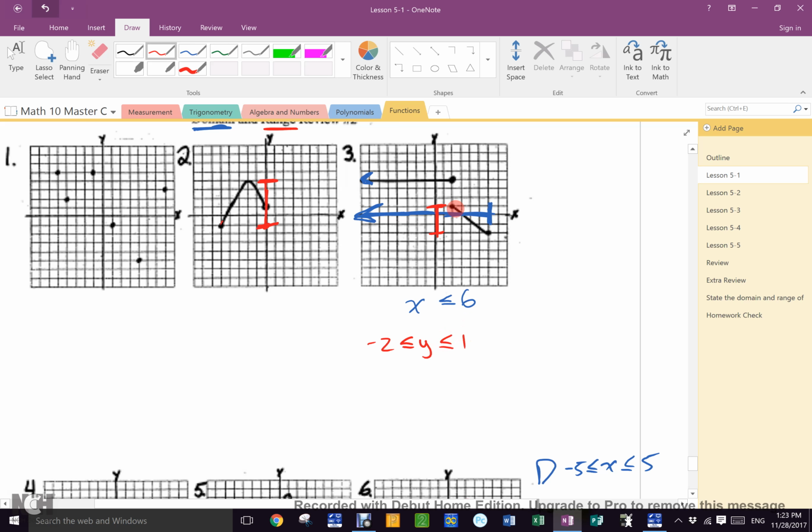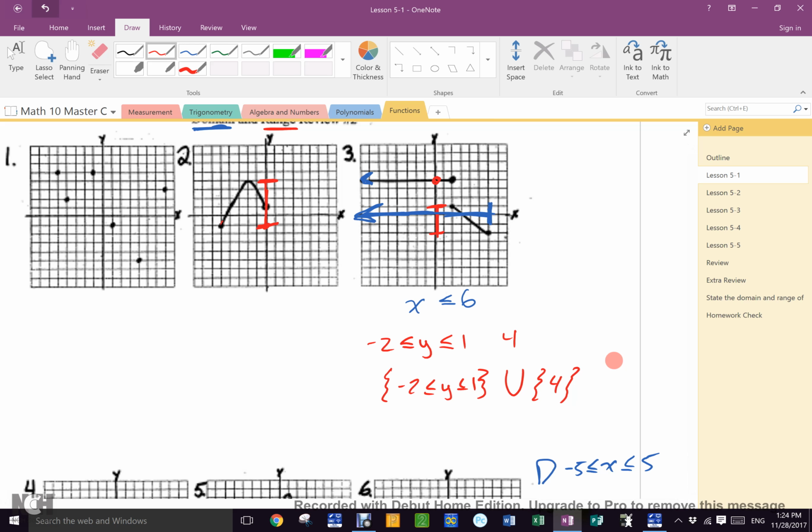Closed dot, yes? And then it happens again up here, doesn't it? But it's only got one value, right? What is it? 4. So this is part of the set. -2 less than or equal to y less than or equal to 1. And there's another element to the set. 4. For range only. Good?